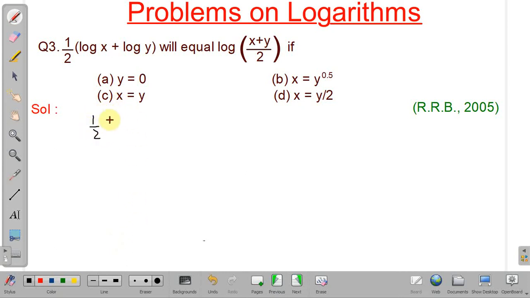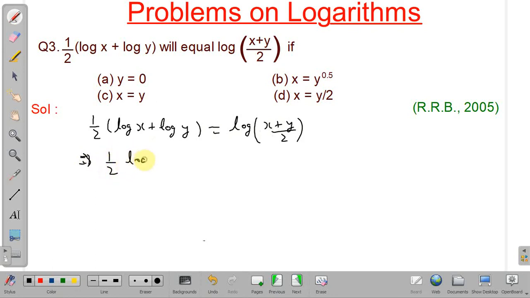See, half of log x plus log y is equal to log of x plus y divided by 2, and as we know by property of log, log x plus log y will be equal to log of x into y, so it will be half of log x into y equal to log of x plus y by 2.